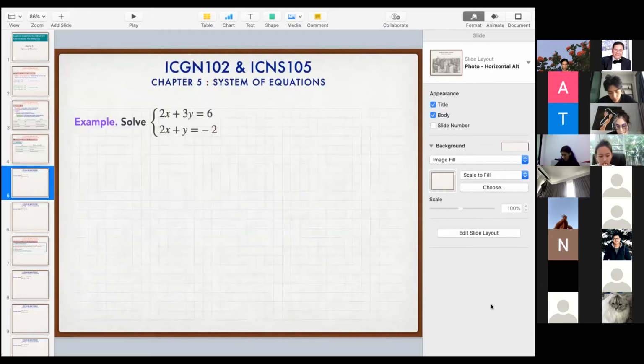So the first example, if you want to solve 2x plus 3y equals 6 and 2x plus y equals -2, this system of linear equations appears as two equations like this. The easiest way is that you plot the graph from this equation.